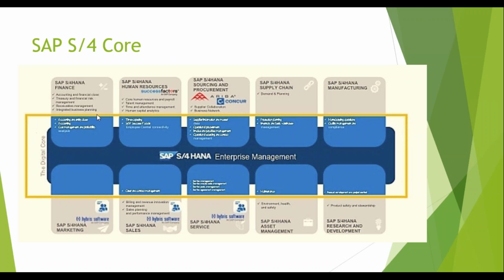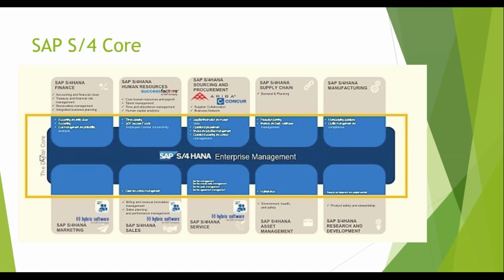Yes. So I was talking about this box. This box is your system in which you have MM functionalities, SD functionalities, and whatever the core business processes are available in this system. On top of that, you can opt for SuccessFactors if you want to perform your HR processes. You can opt for Ariba if you want to integrate your MM processes with Ariba. You can go for Concur, you can go for Hybris.